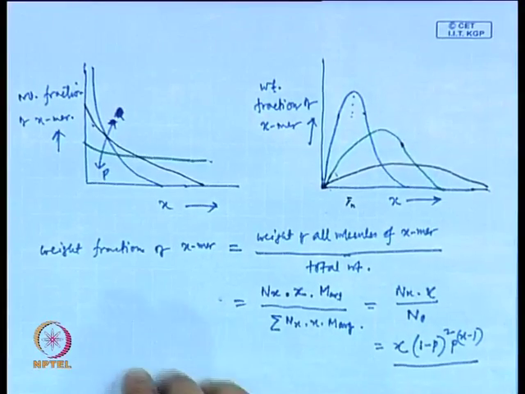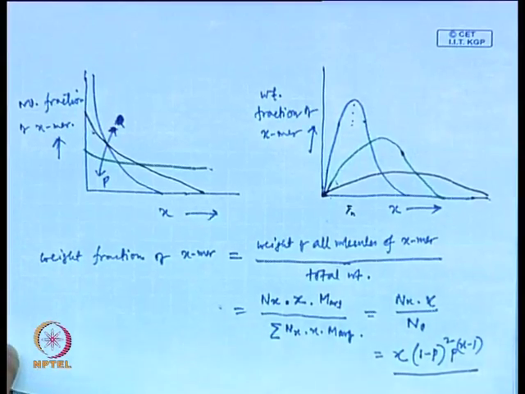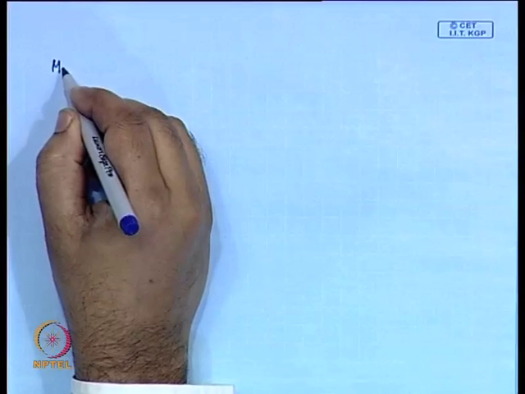So, if you want to get the number average molecular weight and weight average molecular weight from this distribution, how will you get it? We know the number fraction and weight fraction, and we also know the expressions for Mn and Mw.